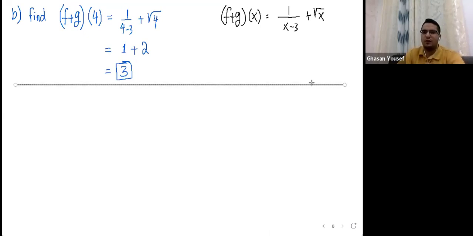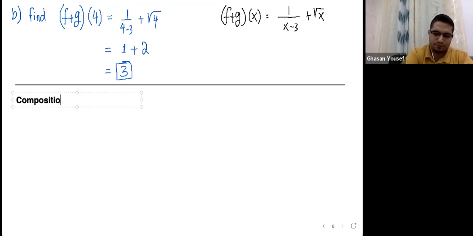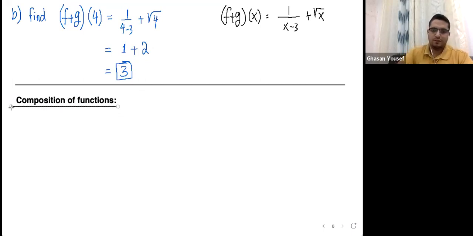Okay, now let's go to the second part of this section, which is composition of functions.